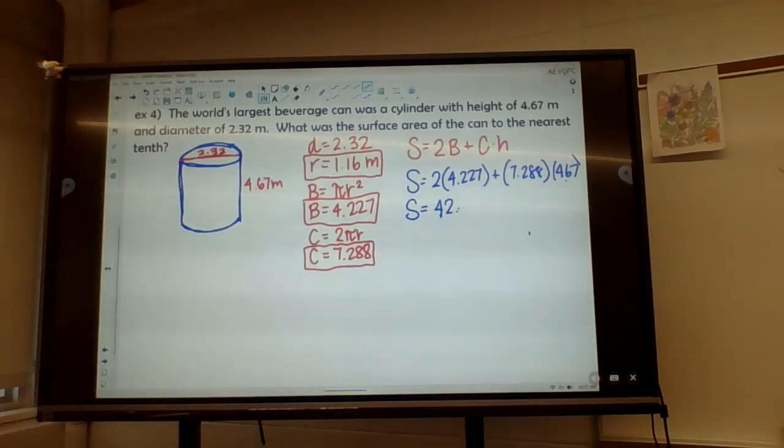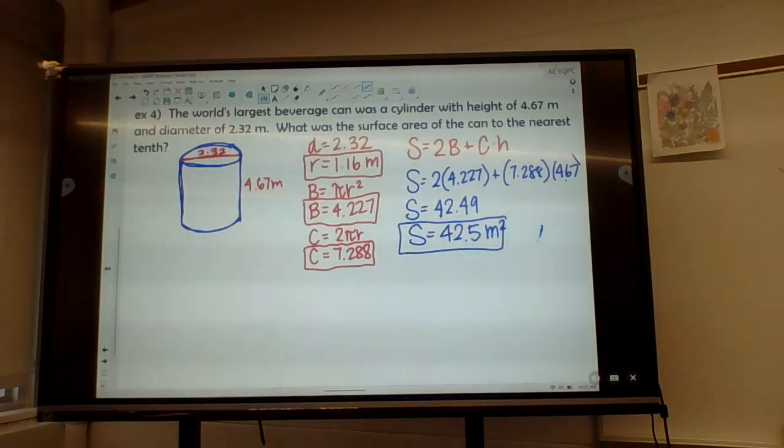So 42.49 would round up to 42.5, and that would be meters squared. That's the outside of the shape. If I wanted to paint or cover the whole outside with a tarp, we would figure out that surface area.